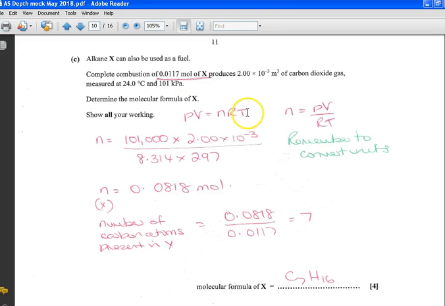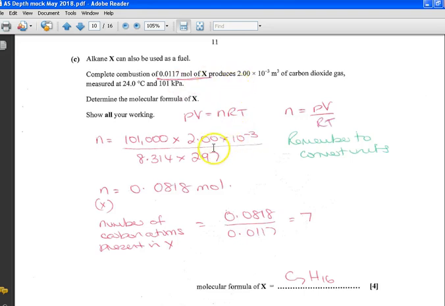So quickly scribble out your ideal gas equation and then look at what you're trying to calculate. So you're being asked to determine the molecular formula of X, okay. So we need to know the number of moles, so we need to rearrange the equation for number of moles. Then it's very important with this equation that you remember to convert units.